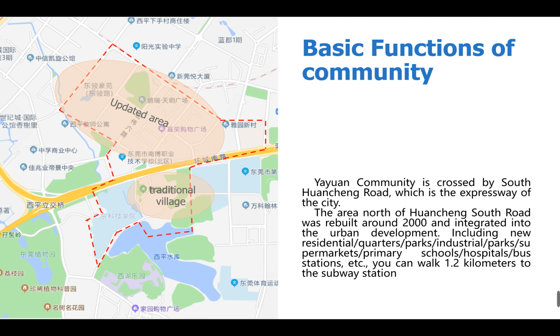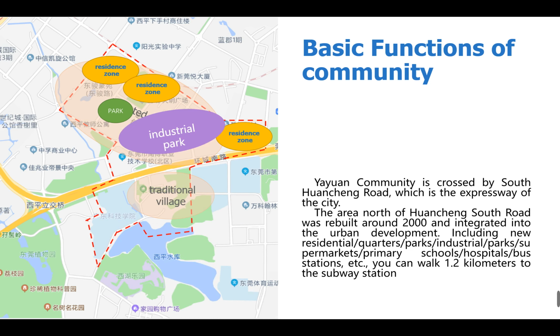The area north of Huancheng South Road was rebuilt about 2,000 years ago and integrated into the urban development, including new residential quarters, parks, industrial parks, supermarkets, primary school, hospitals, and bus station. You can walk 1.2 kilometers to the subway station.